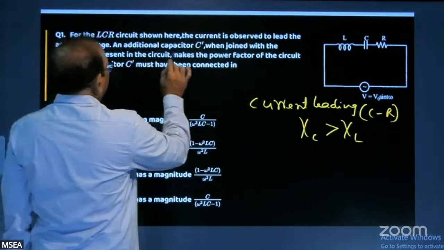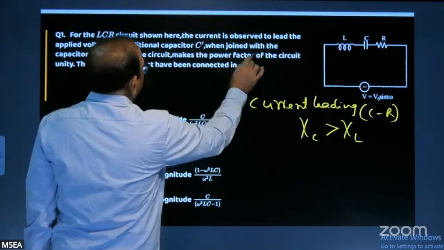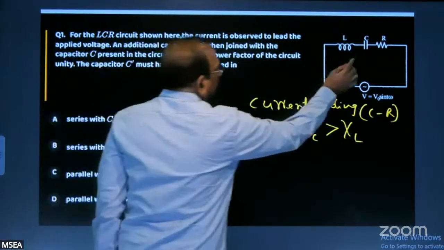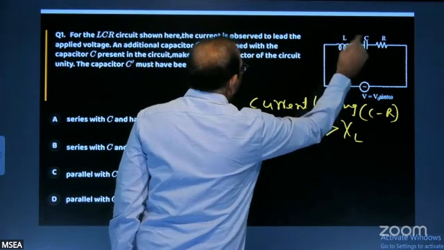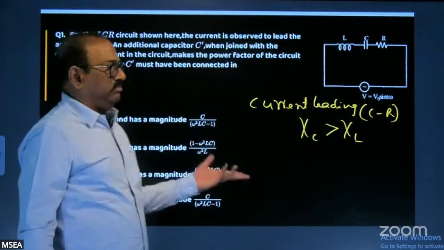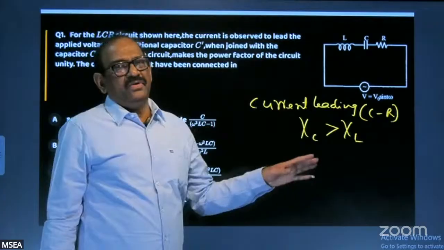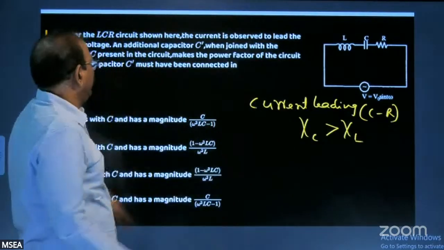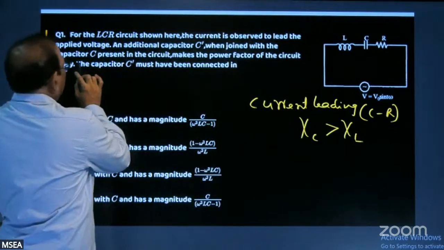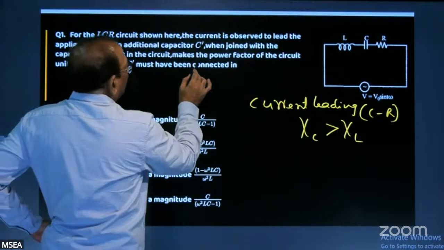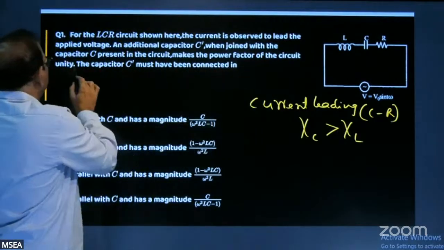Now, an additional capacitor C dash is joined with the capacitor C which is already there. Whether it is connected in series or in parallel, we don't know; it is just joined. Then the power factor of the circuit becomes 1.